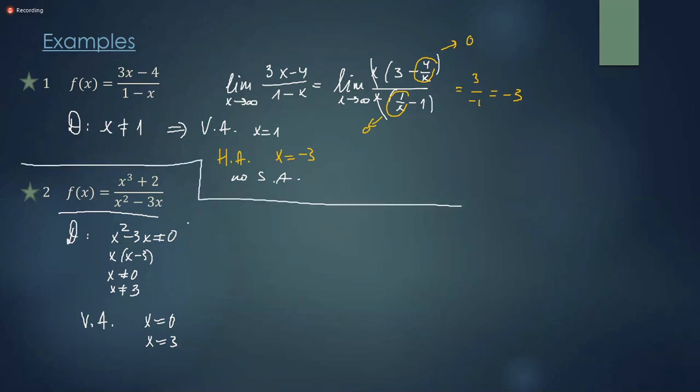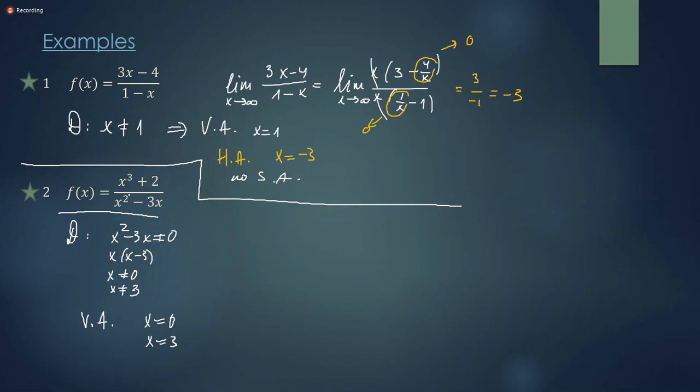That's a good question. If we look at this function, we see actually that we do not have the same exponent. The degree of the numerator is greater than the degree of the denominator. This means that there's no horizontal asymptote.